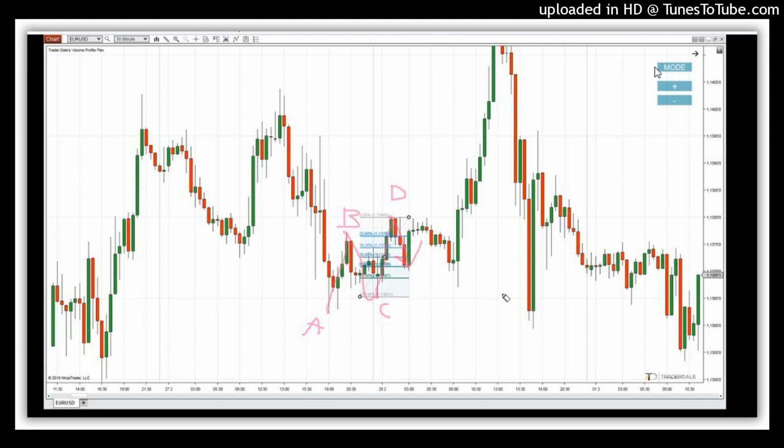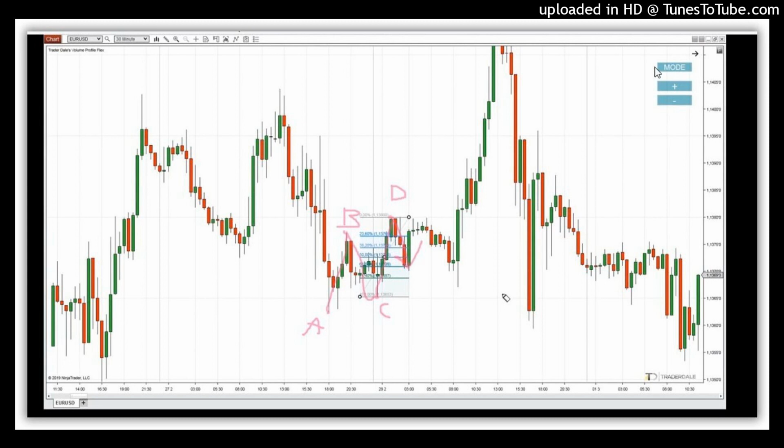If it did, then it would be an ABCD setup. You would go like this, and you would go long from here. There would be the D, all right? But because the pullback doesn't reach past the 50%, it's not a valid setup and you don't trade it, all right?